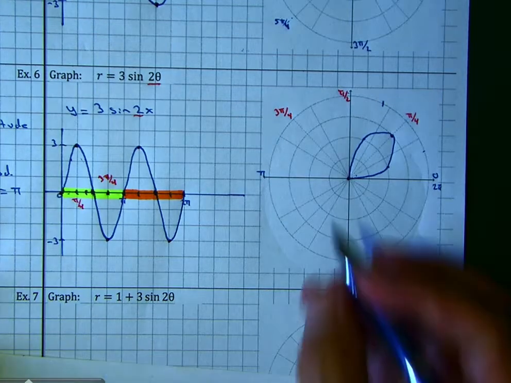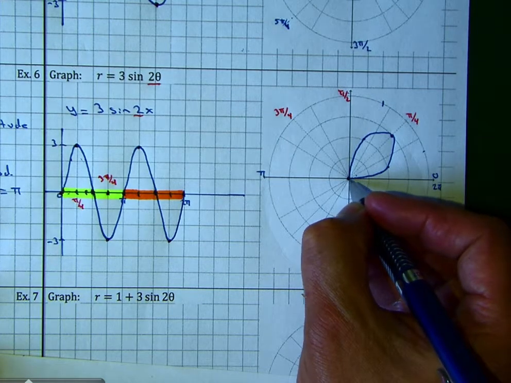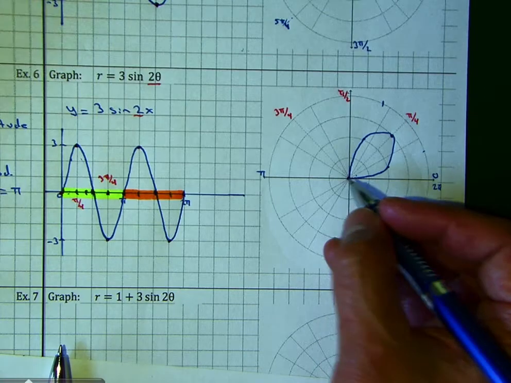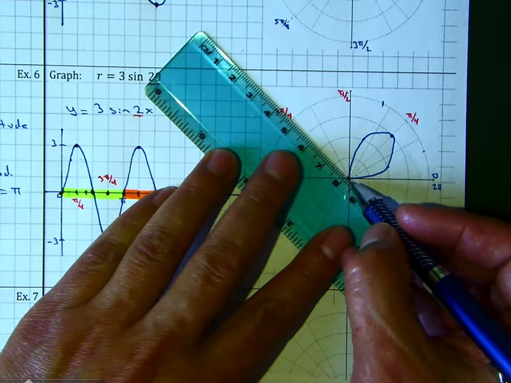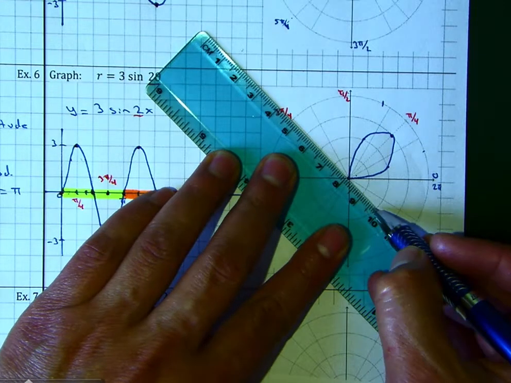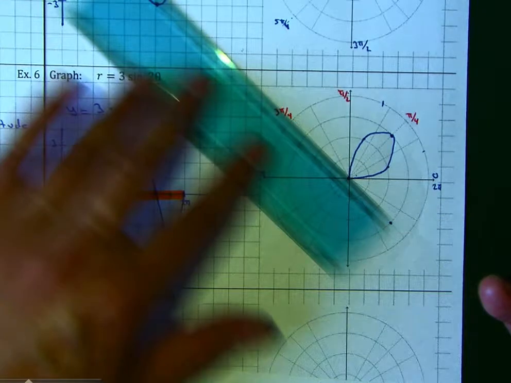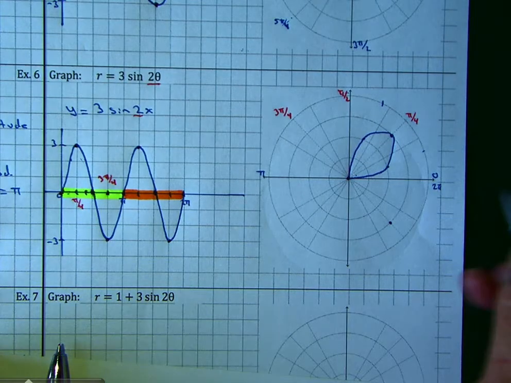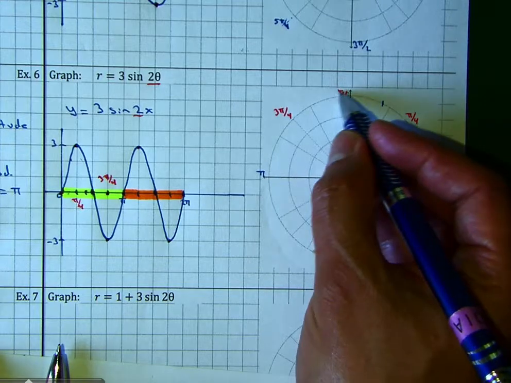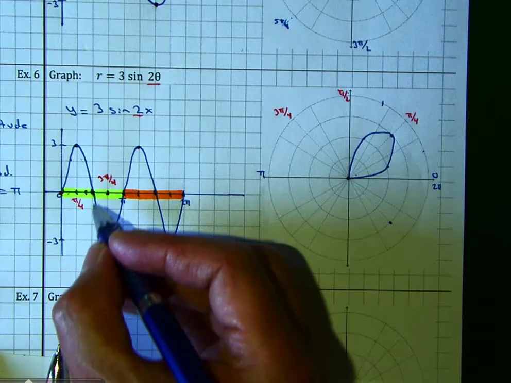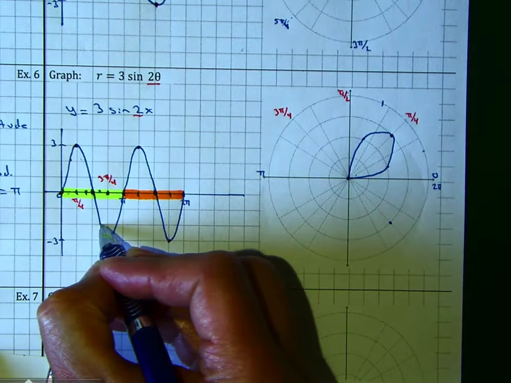At 3 pi over 4, instead of going positive 3, 1, 2, 3, it's going to go 1, 2, 3 in the opposite direction. Then the halfway mark between those two is going to be about 2.